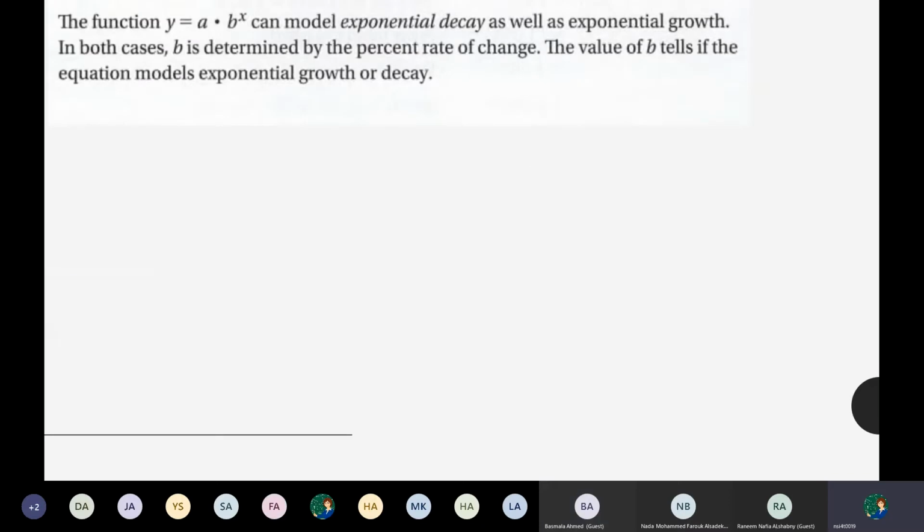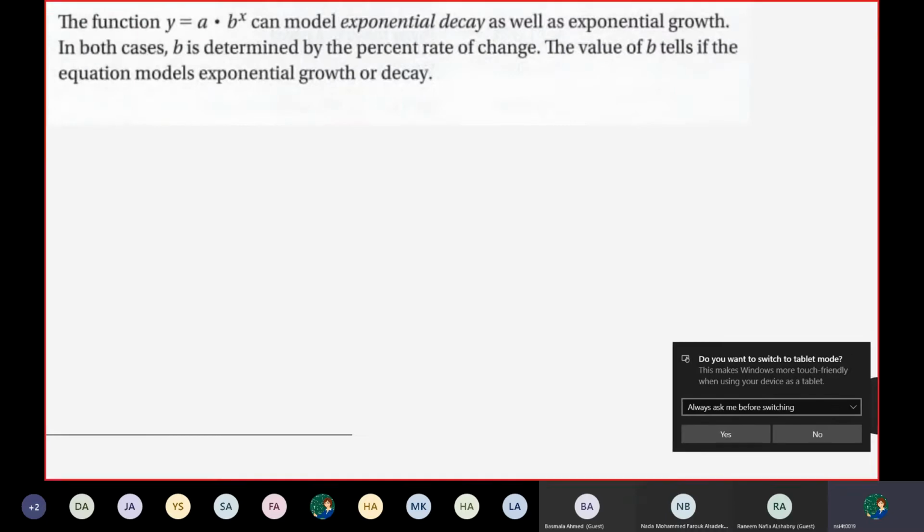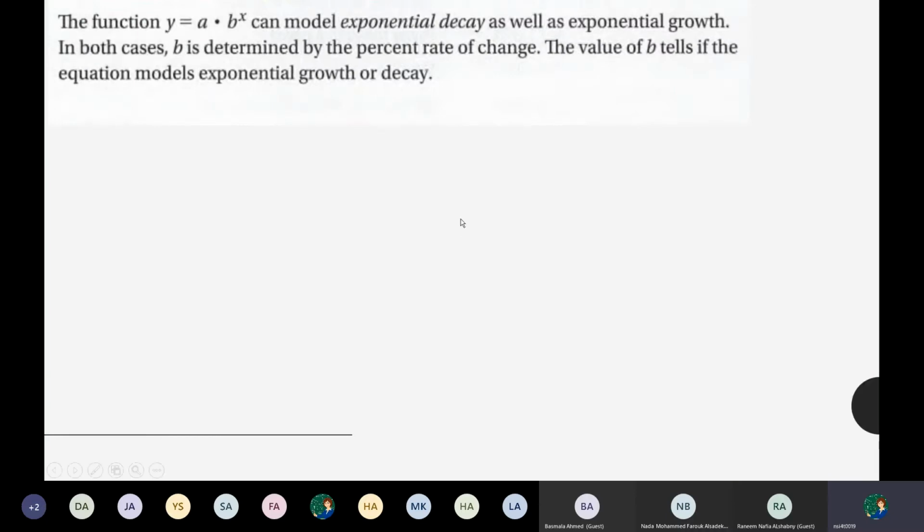Now here, the function y equals a times b to the x can be modeled as exponential decay, not only exponential growth. In both cases, b is determined by the percent rate of change.